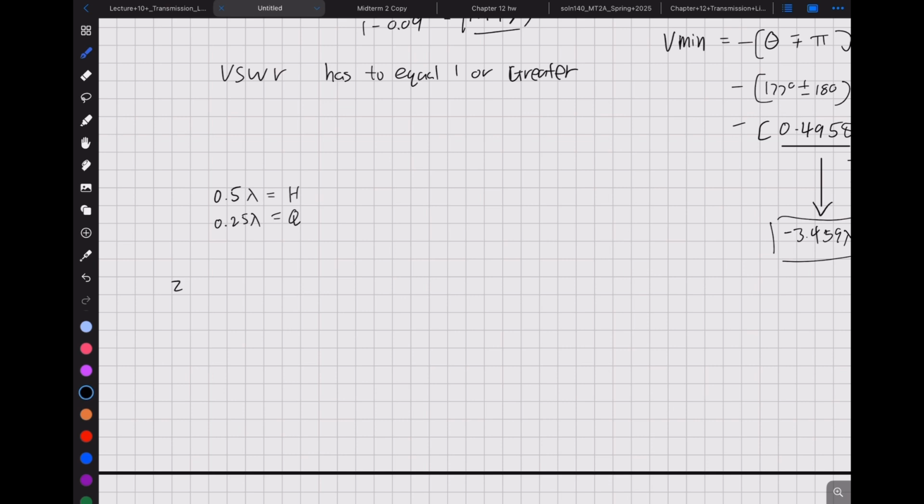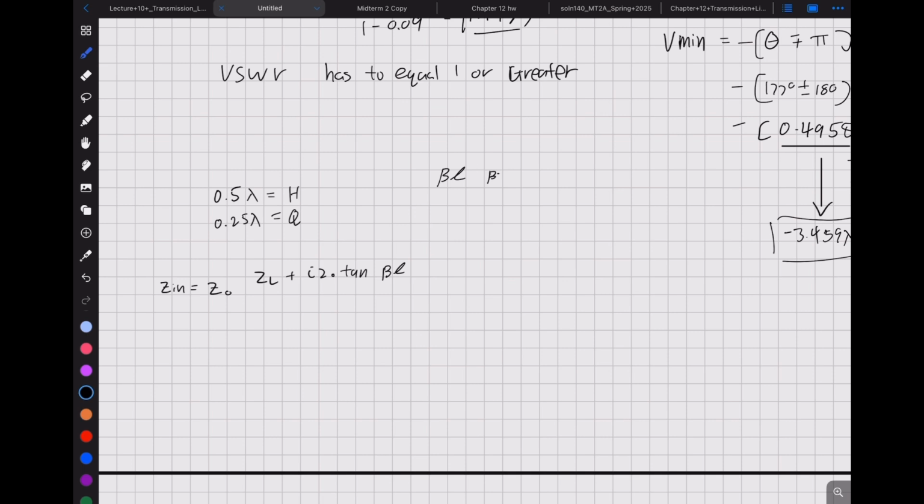So we're going to have our Zn equation. ZO plus ZO tangent, and beta comes from the phase constant.